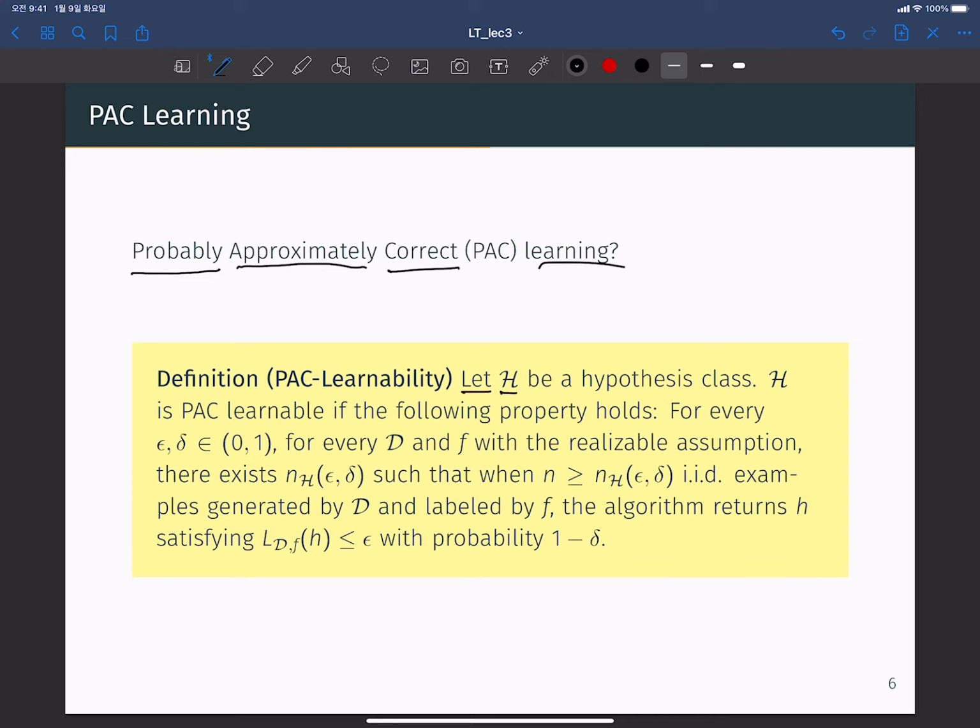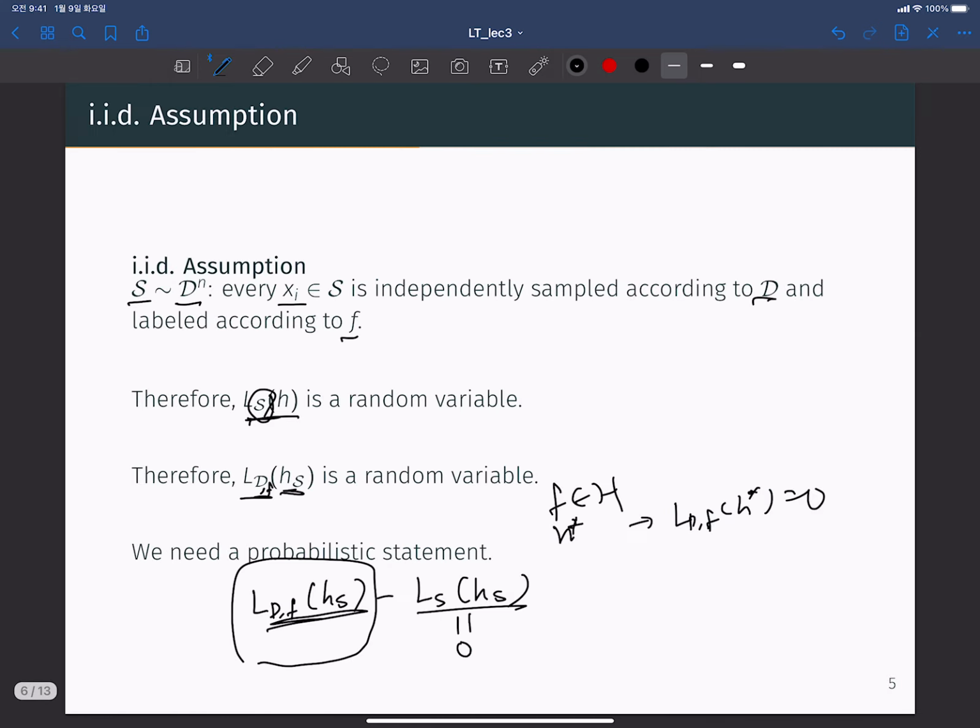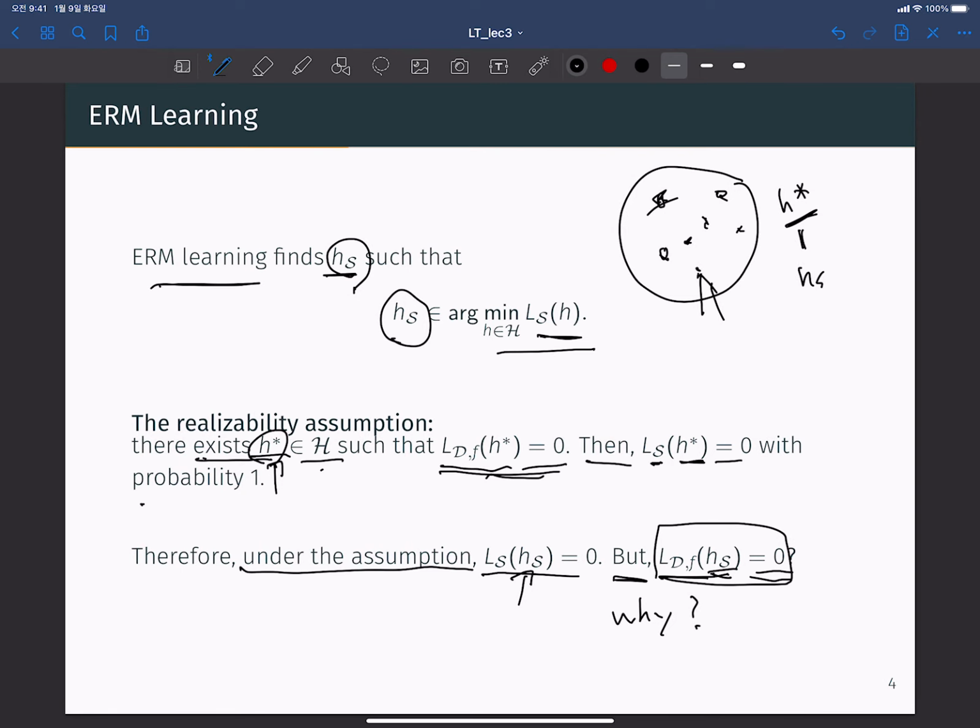Let H be a hypothesis class, and H is PAC learnable if the following property holds. For every epsilon, delta in between 0 and 1, and for every distribution D and labeling function f with the realizable assumption. So here the realizable assumption means: there exists H star in your hypothesis class that makes the test error 0.